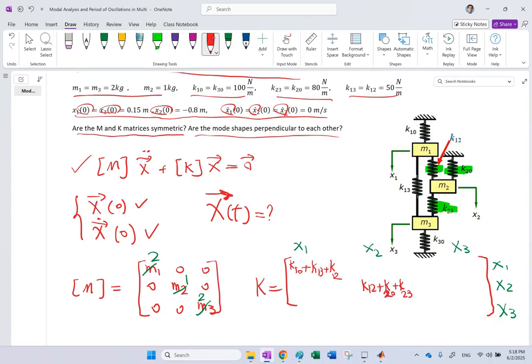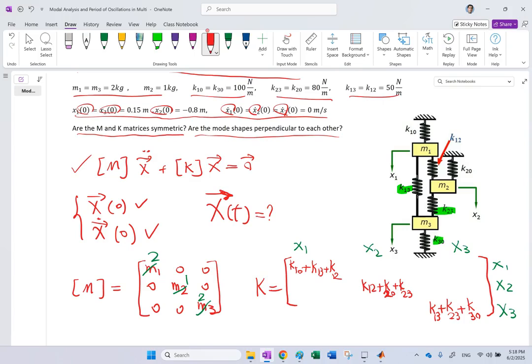Like this. And finally, for mass number 3, again, all of the springs attached to it. So that's these 3 guys. Again, add them and put them at element 3,3. There we go. So here are my diagonal elements.